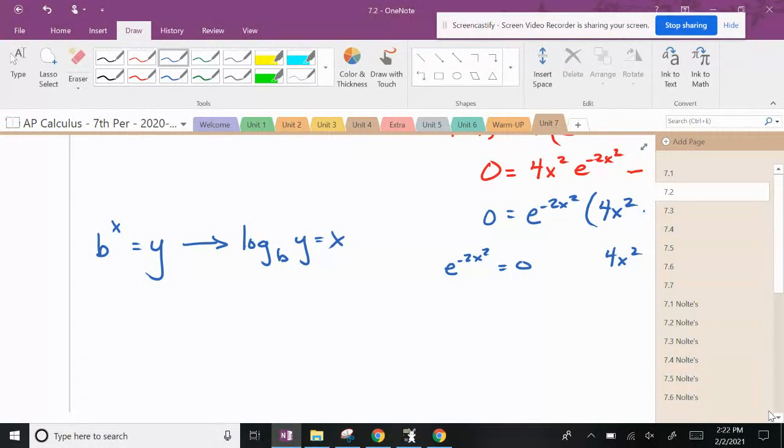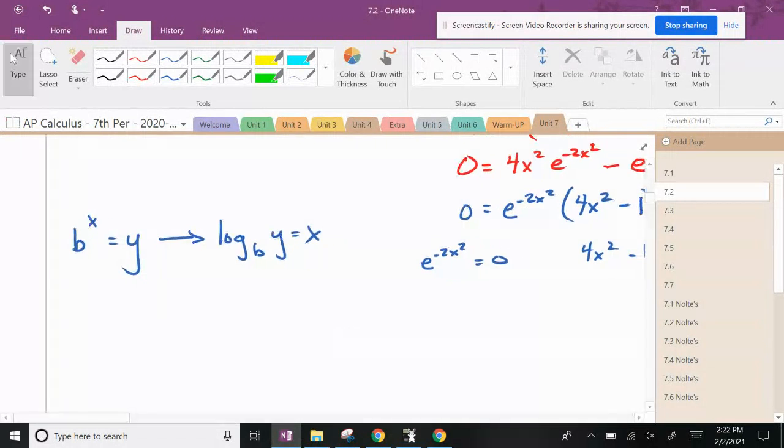Because this particular base is e, Kale said, oh, it's just a natural log. You all remember, I'm sure, that all natural logs have a base of e. So you can say natural log of 0 equals negative 2x squared. Anybody know what the natural log of 0 is?